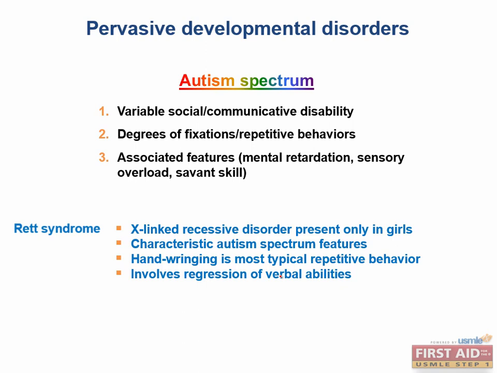By the way, this isn't really classified as a pervasive developmental disorder, but can you think of any other genetic disorder that tends to co-occur with autism? Think back to biochem. This one's also found on the X chromosome. The disorder is Fragile X syndrome, which, as you may remember, is a trinucleotide repeat mutation making it X-linked dominant. So as a weird coincidence, both Fragile X and Rett syndrome are X-linked mutations that can occur in females.